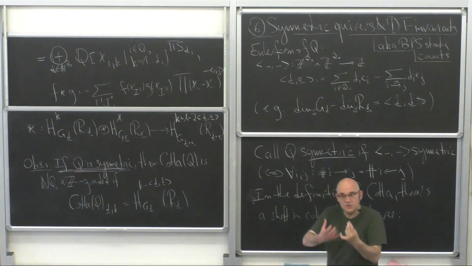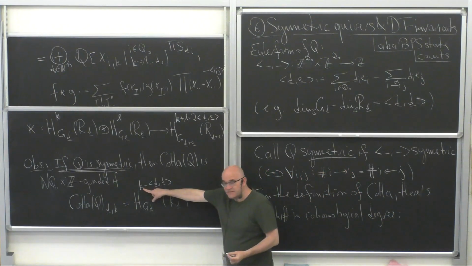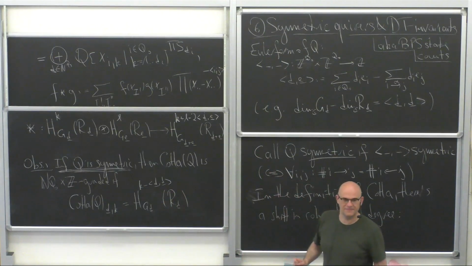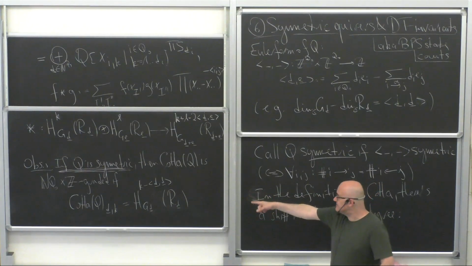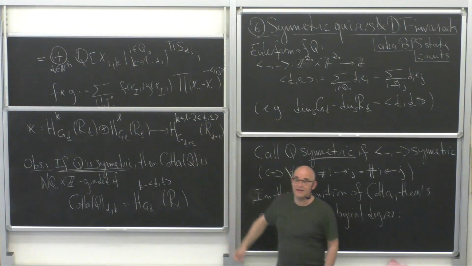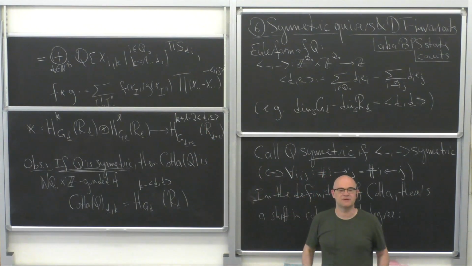So we define a new grading on the cohomological Hall algebra by shifting the cohomological grading by this quadratic form. And if you try to work out that this is indeed graded with respect to this degree using this formula, you see the only way you can do this is if Q is symmetric, if (d, e) actually equals (e, d).